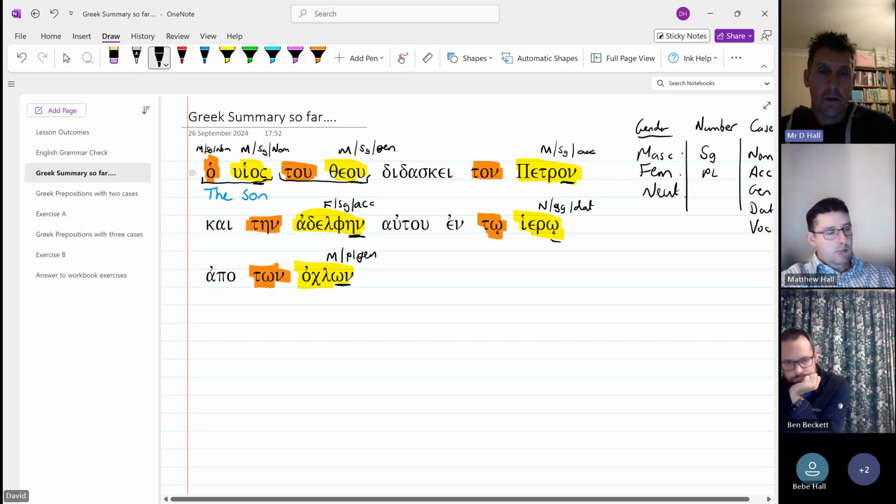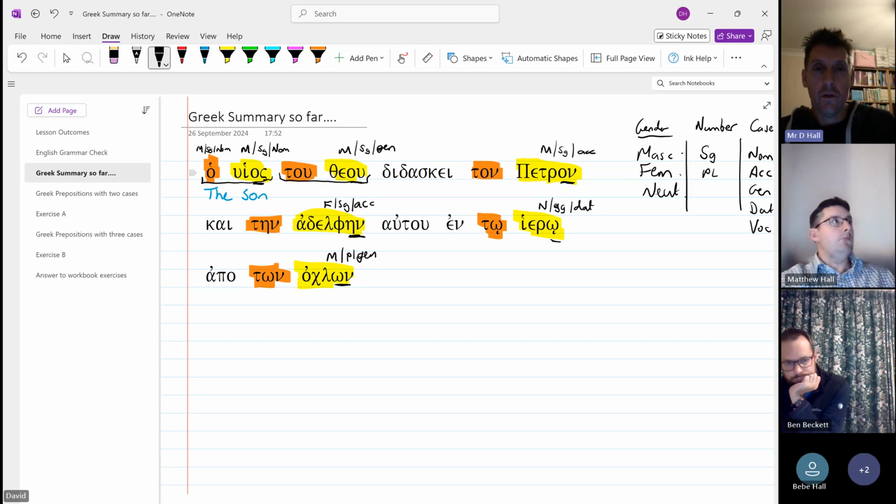You can see it's got a similar ending, and we note that that's the ending for a genitive singular. It's always masculine genitive singular, always that particular spelling. So the word here is God, Theo, or Theos, which would be its nominative form.